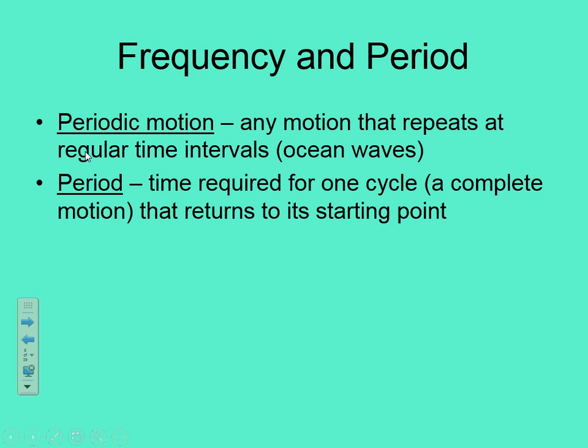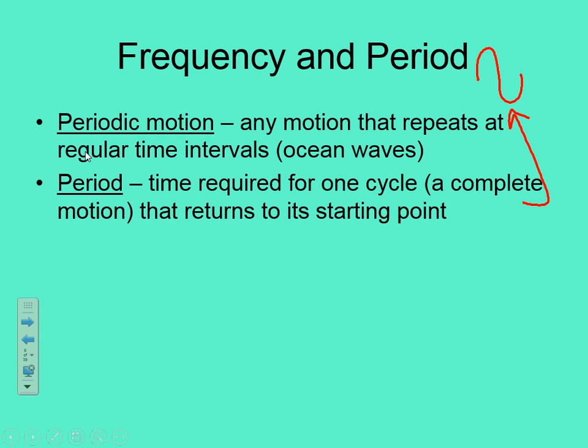So we know that a wave goes up and down, up and down, up and down. Right? Essentially, that's what a wave does. A wave continues to go up and down, up and down, up and down. If we measure one cycle, that is called the period. And the period is the time to do one cycle.